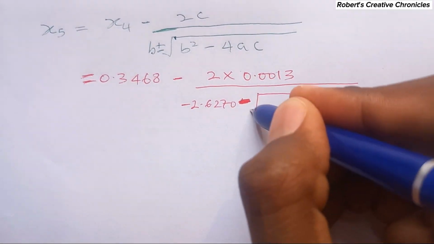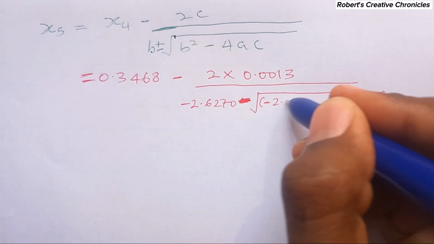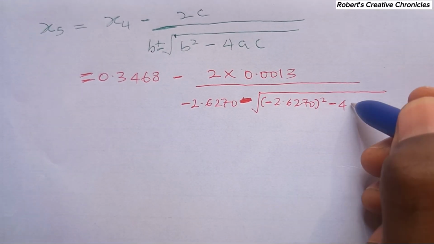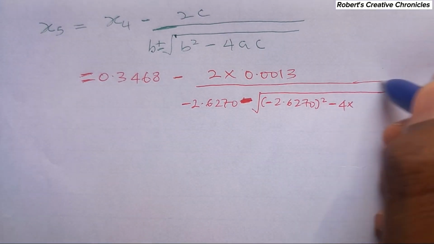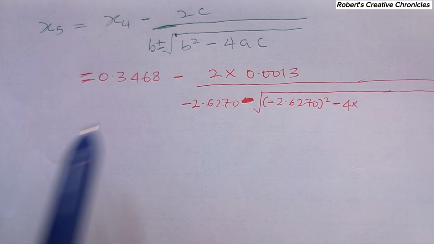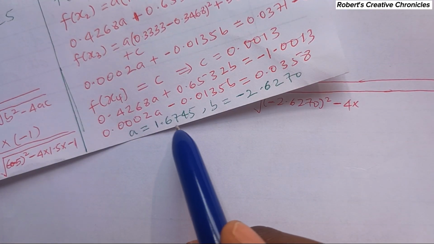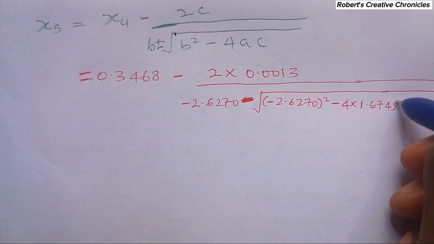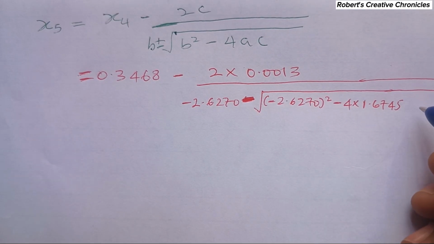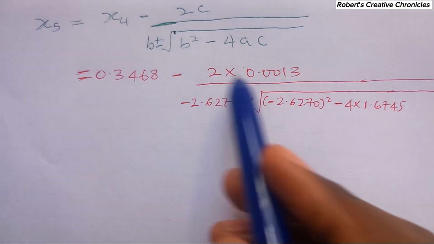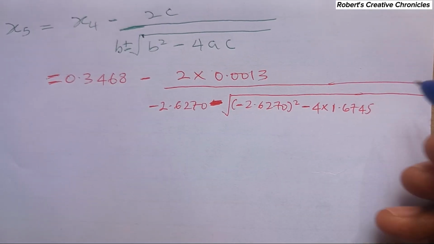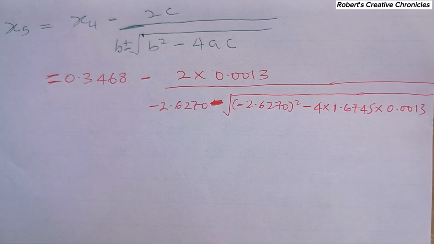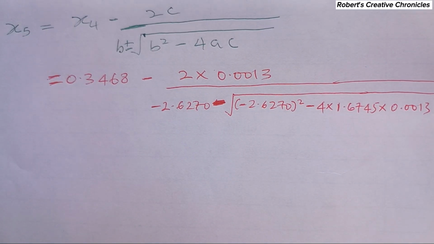It will be root of B squared minus 4 times A. A is what? A is 1.6745, for AC. Then C is what? C is this 0.0013. So now we can enter this in the calculator.